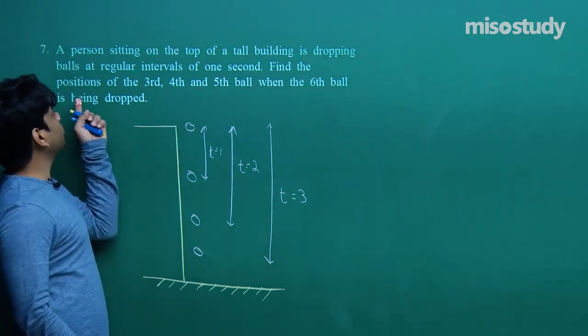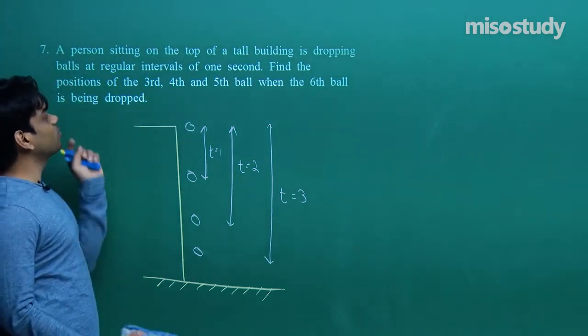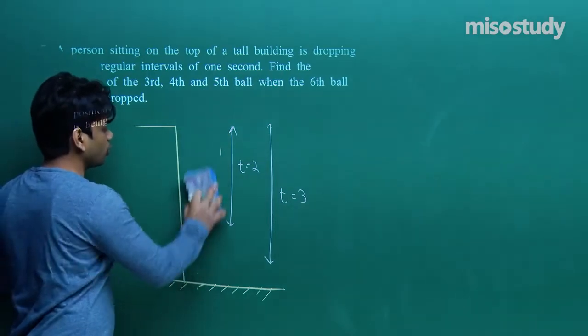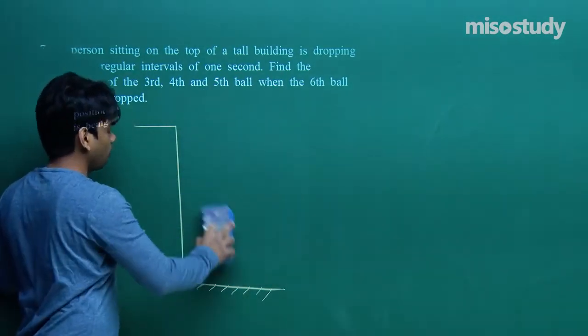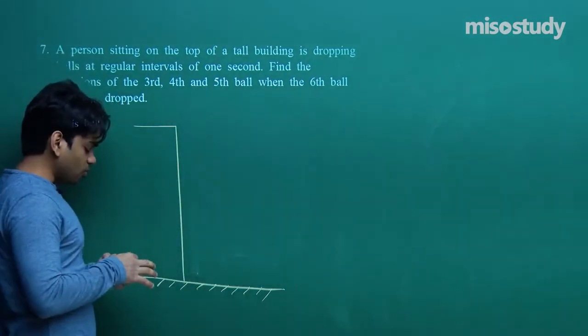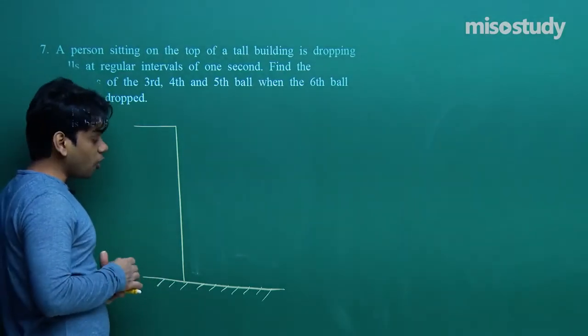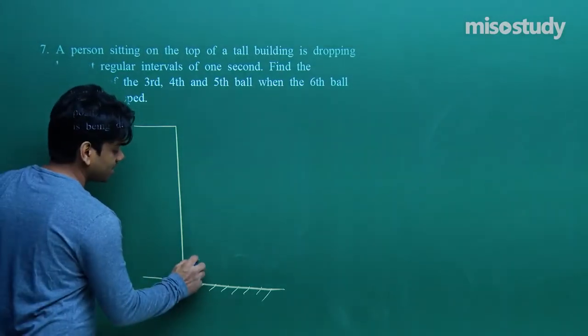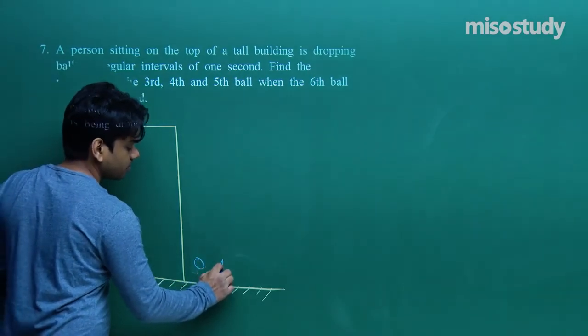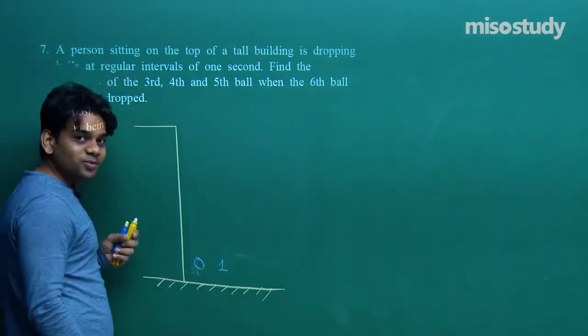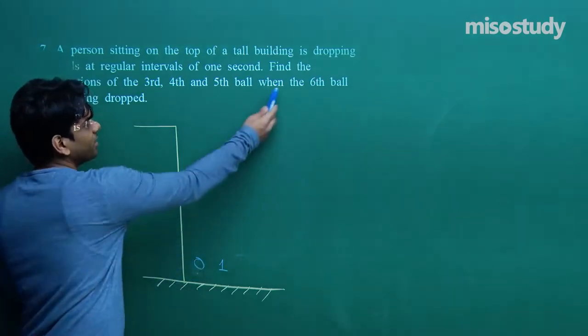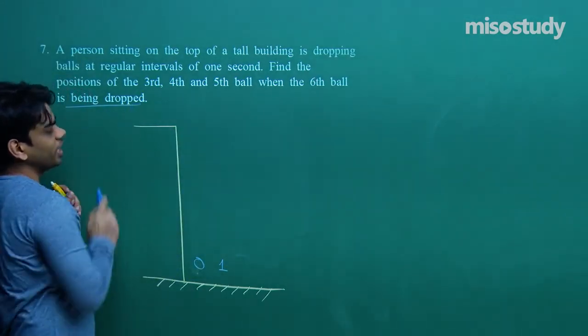So find the positions of the third, fourth and fifth ball when the sixth ball is being dropped. In the similar manner, when he drops the sixth ball, where will the positions of all the balls lie? Let's say this is the first ball. It will travel for a time of 5 seconds because the sixth ball is being dropped. When the sixth ball is being dropped, he is going to release it.